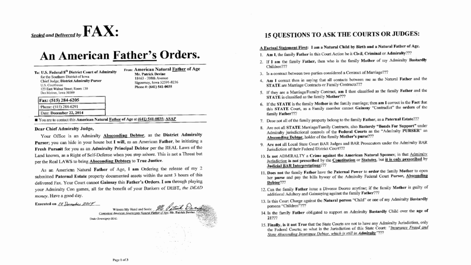And I'm going to present you with 14 questions to ask the courts or judges when I get going here. I'll read them off. But the state courts do not have any admiralty jurisdiction, only the federal courts.